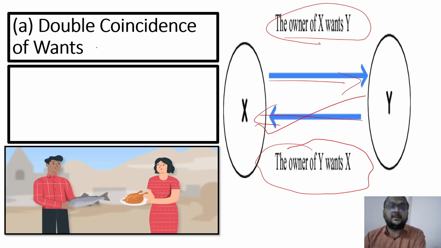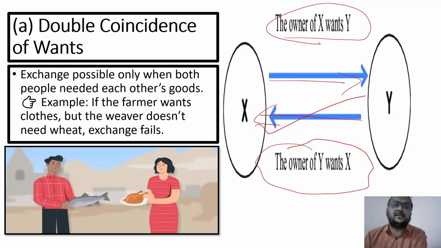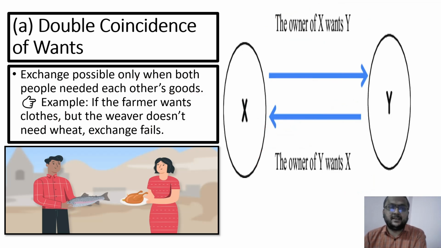Always it is not possible to have this phenomenon, and that is why it is difficult to implement the barter system. Exchange is possible only when both parties need each other's goods. For example, if a farmer wants cloth but the weaver does not need wheat, then this exchange fails. The barter system failed here.